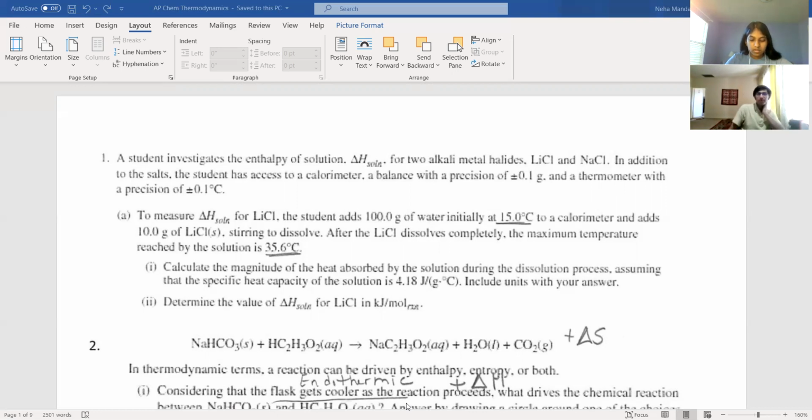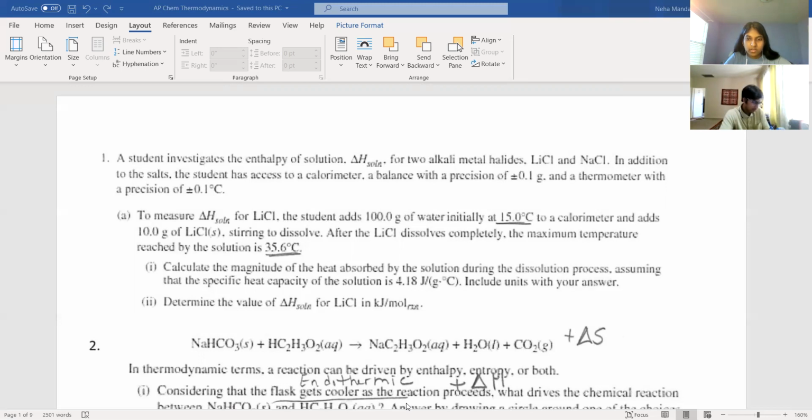So what's the molar mass of LiCl? Apparently it's 42.394. So let's divide our answer before in kilojoules over that number you just said, right? Yes.